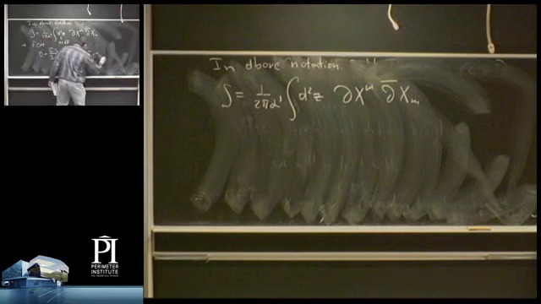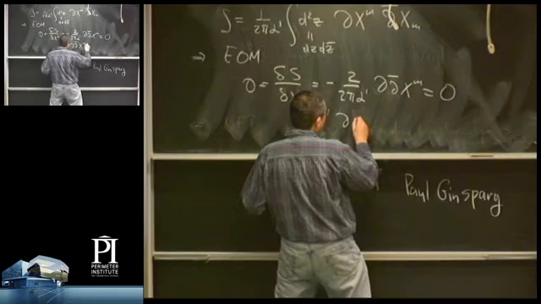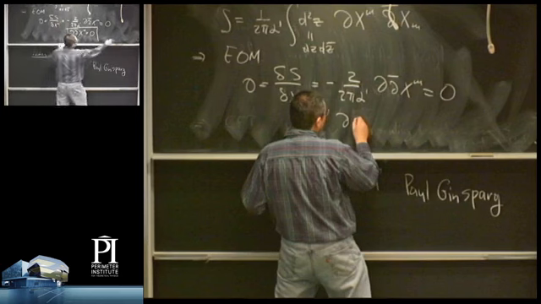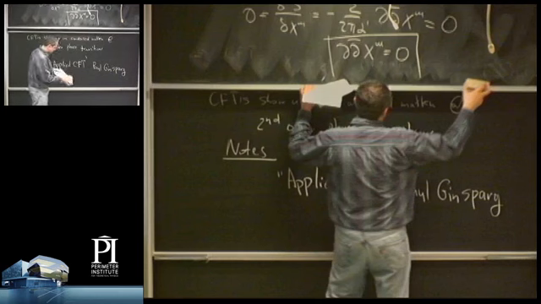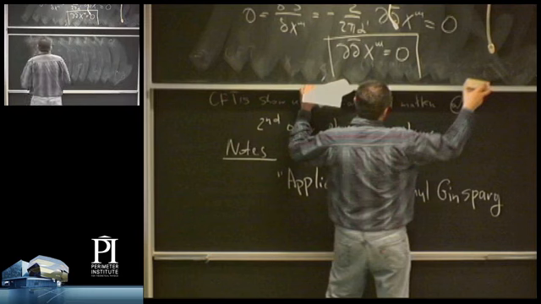So the equation of motion implies that del bar del x mu equals 0. Okay, and what do we find out from this equation of motion? Everything we do is classical analysis. So I can write this as del bar over del x mu equals 0.